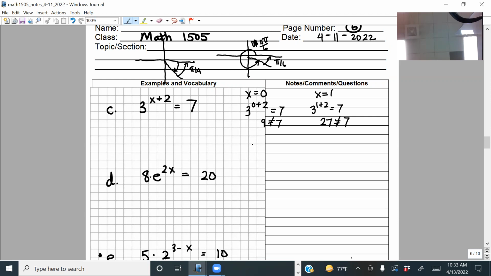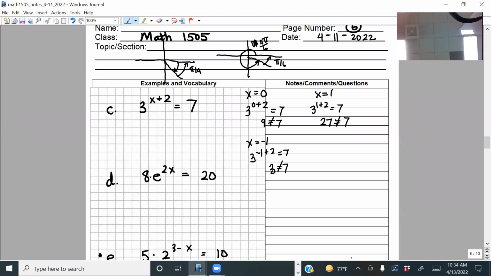So 1's not the answer. Let's try a number smaller than 0. Let's try minus 1. So we have 3 to the minus 1 plus 2 equals 7. But what's minus 1 plus 2? 1. So we have 3 to the 1 power, which is 3, not 7. Nope, not right either. So missed again.